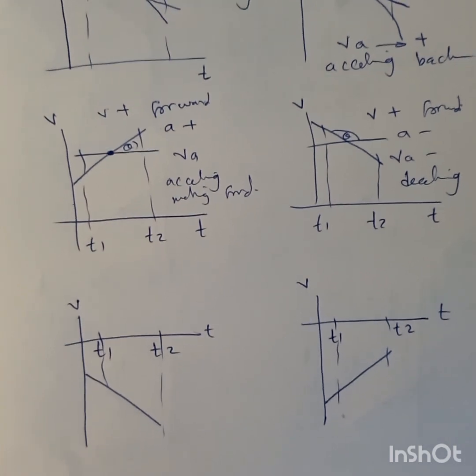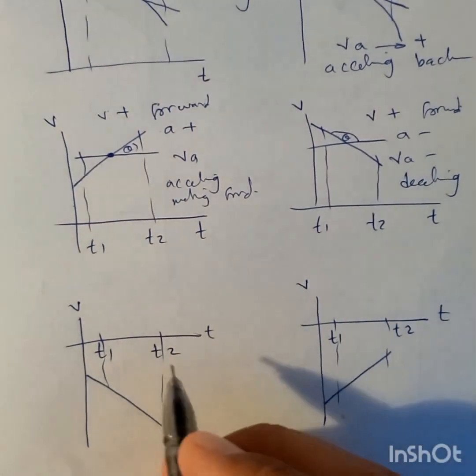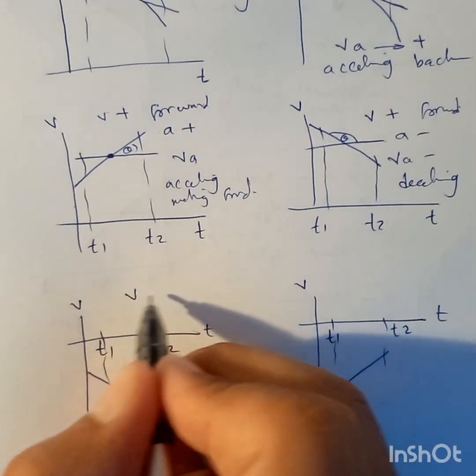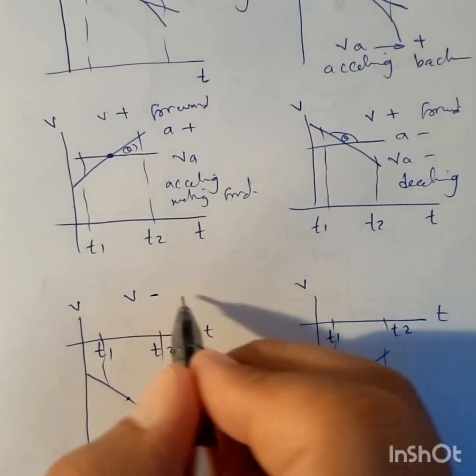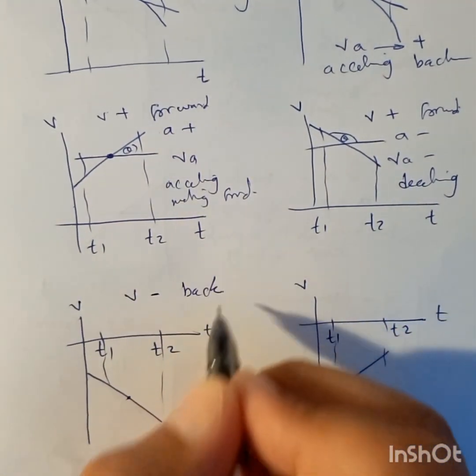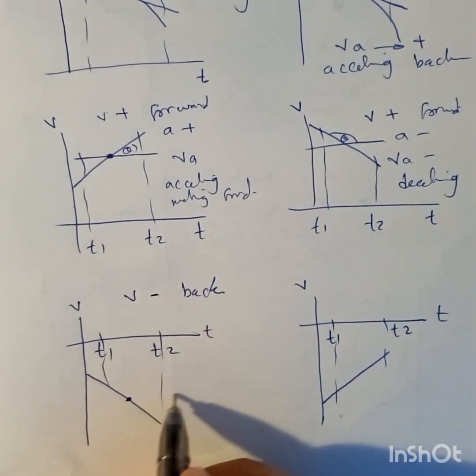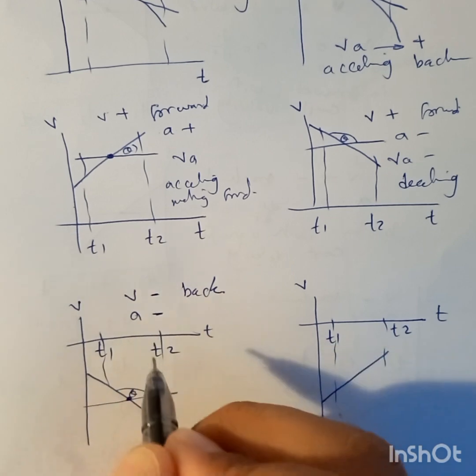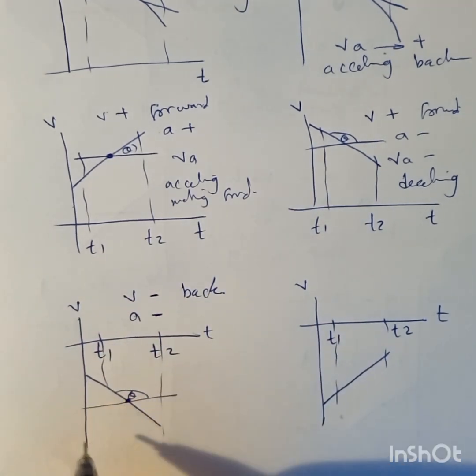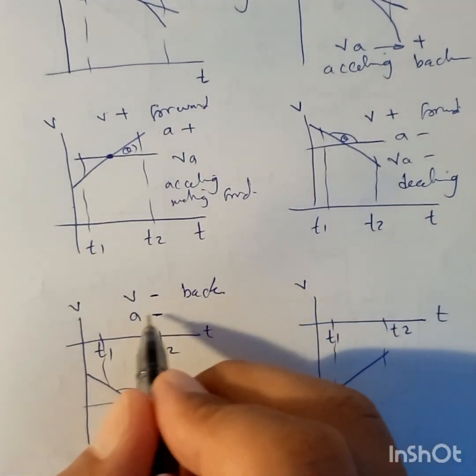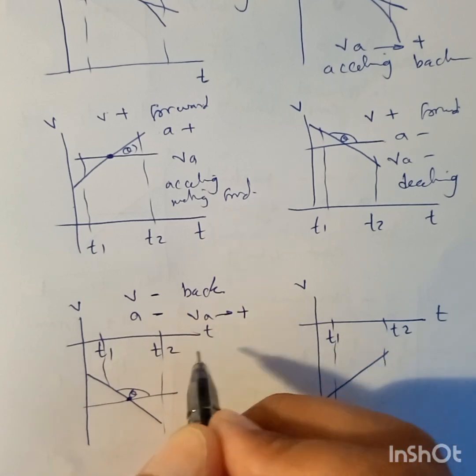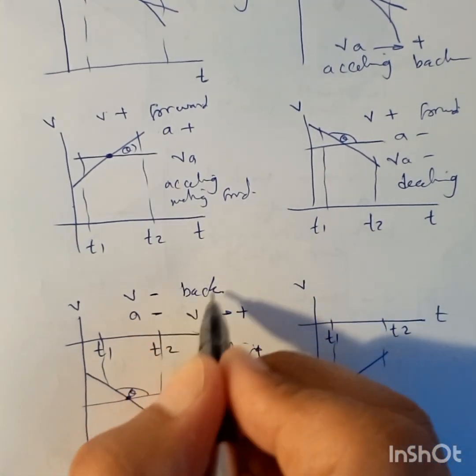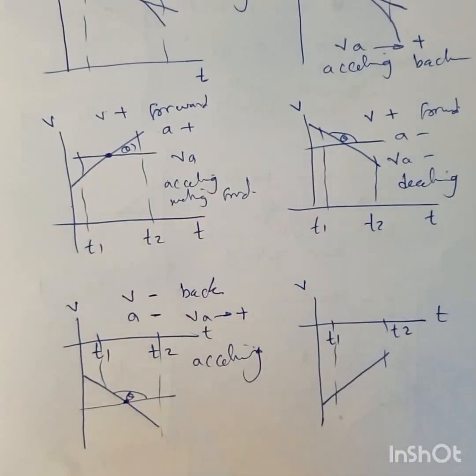Okay, finally for these two curves, for this one velocity is negative as the curve is below the x-axis, then we have backwards direction of motion, and the slope is negative, then acceleration is negative as well as theta is obtuse. Then va is a positive value, then we have accelerating motion in backward direction.